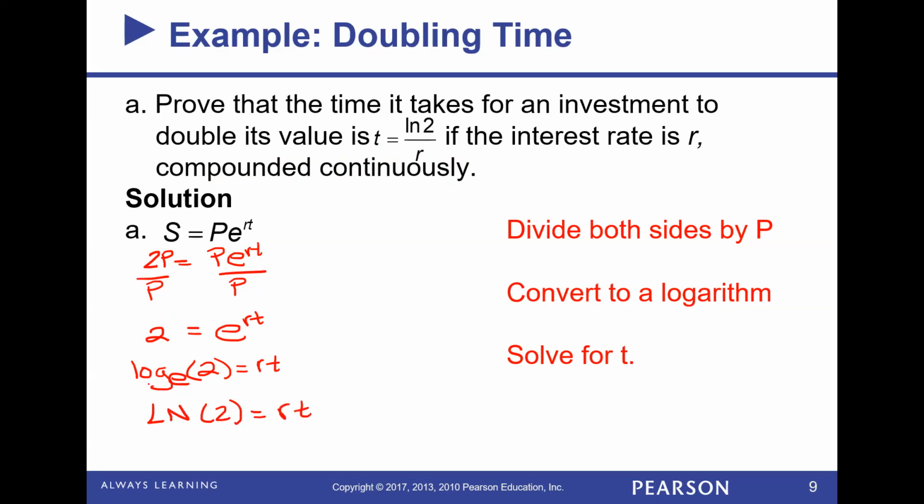So instead of writing log base e, I'm just going to have the natural log of 2 equals rt. And last thing is solve for t. So if this says r times t, the opposite of multiplication is division. And we basically now have t equals the natural log of 2 divided by r, which we just proved right there.